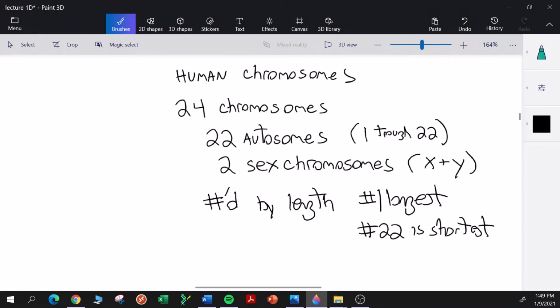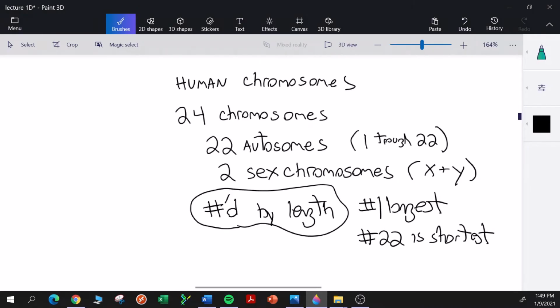These numbers were based on before DNA sequencing was available, and they were based on looking at chromosomes under a microscope, and I think it turns out number 21 is the shortest. But for the most part, chromosomes are usually numbered according to their length, with the lowest number being the longest. Knowing that is important, and you can probably guess which chromosomes are longer based on the number of the chromosome.